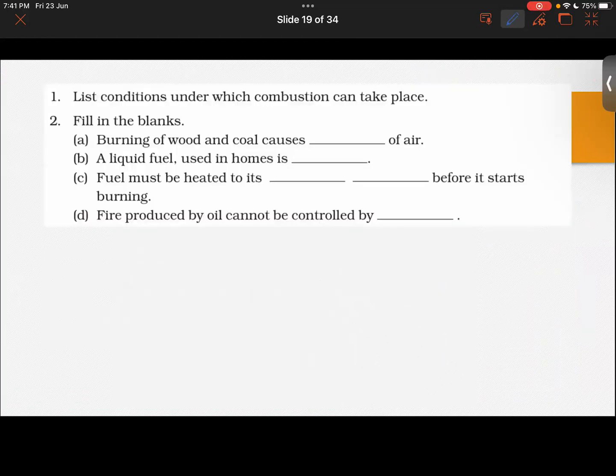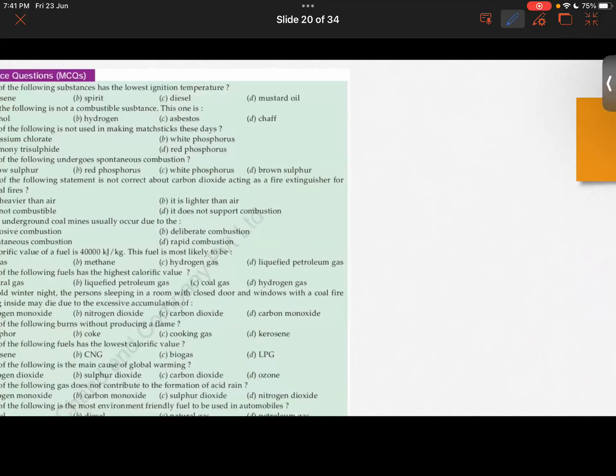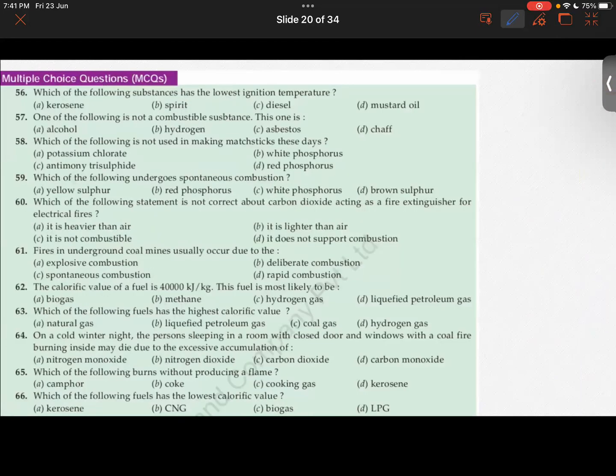See question number 56. Which of the following substances has the lowest ignition temperature out of kerosene, spirit, diesel, and mustard oil? Kerosene has the lowest ignition temperature, someone says. What about spirit?